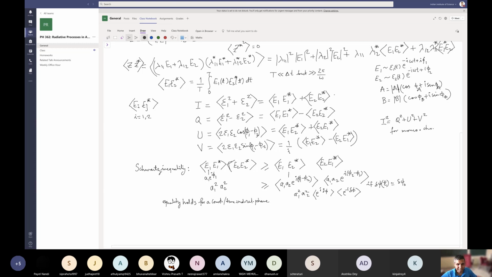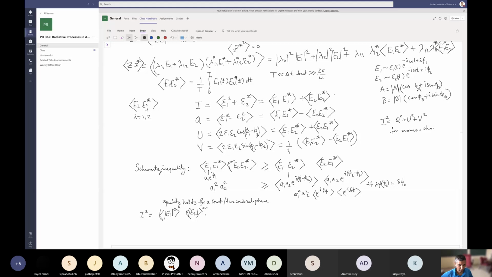In that case, you'll have this equality, and you will have similar equations. So let's schematically look at I squared. What would be I squared? I squared would be the absolute value of E1 squared plus E2, this whole squared.